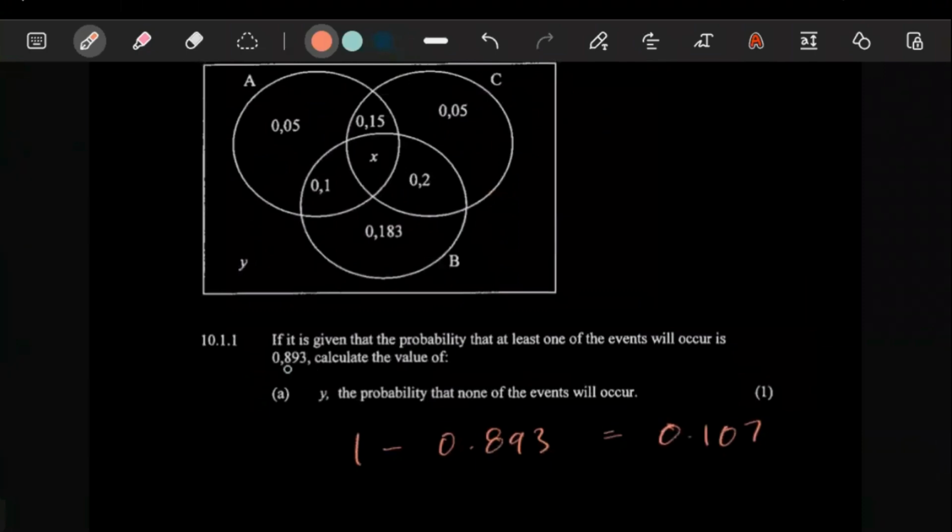There we go. So with x, what can we do? We can just say 0.893 minus everything here, and we'll be left with x.